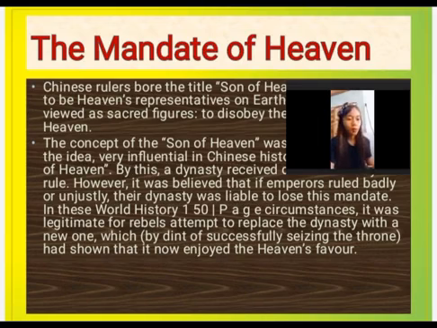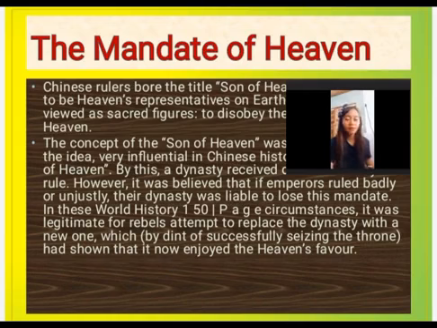Chinese rulers bore the title Son of Heaven, and they were sacred figures. To disobey them was to disobey heaven. The concept of the Son of Heaven was influential in Chinese history.